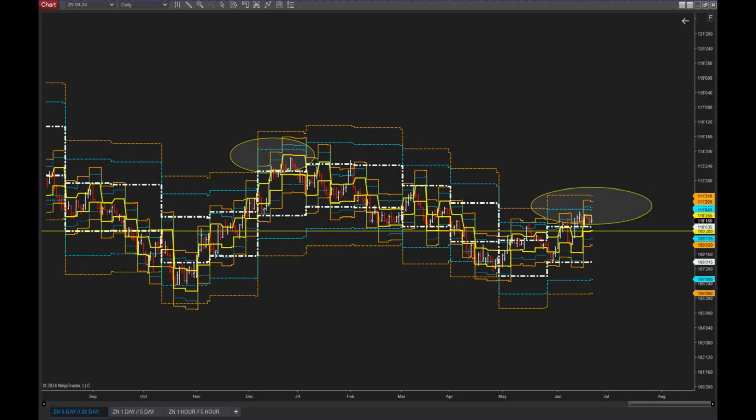So when you see the 1 day or the 5 day in this instance fall below the 20 day, that's when you know that you're no longer balanced. A lot of the time it will just stay inside the 68% of the distribution, that's that 20 day one.